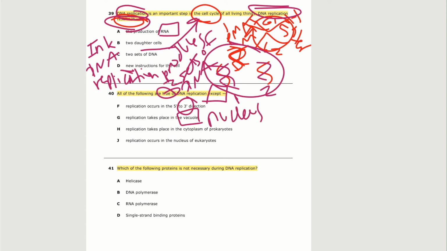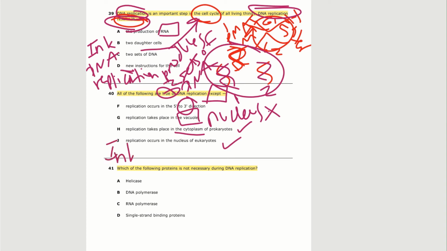Replication takes place in the cytoplasm of prokaryotes. Okay guys, prokaryotes don't have a nucleus, so that's actually true. Replication occurs in the nucleus of eukaryotes. That's true. So I do not know why they put F, but the answer is G, because that one for sure is wrong.